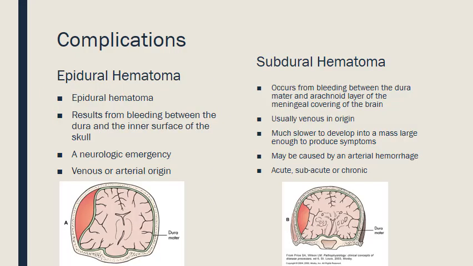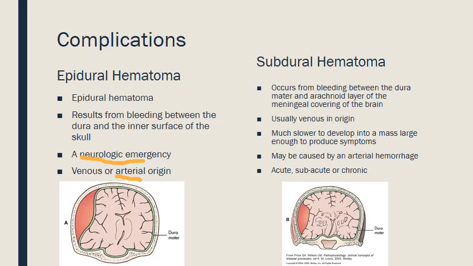Complications of head trauma include epidural hematoma, and that results from bleeding between the dura and the inner surface of the skull. It is considered a neurological emergency, and they must go to surgery right away. It's usually arterial, though it can be venous.